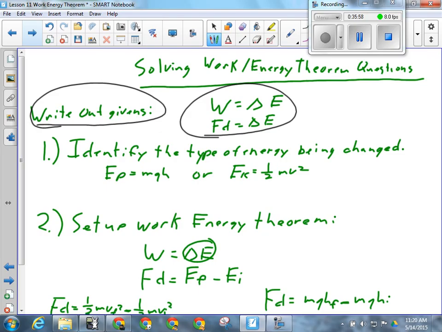Was that exactly the next thing I did on every one of those examples? I wrote down the givens and then said, what's changing? Oh, velocity is changing, that means kinetic energy is changing. Oh, height's changing, that means potential energy is changing. So we figure out what kind of energy is being changed, and then we know which formula we have to use. Are we going to use m times g times h because it's potential, or 1/2 mv squared because it's kinetic?